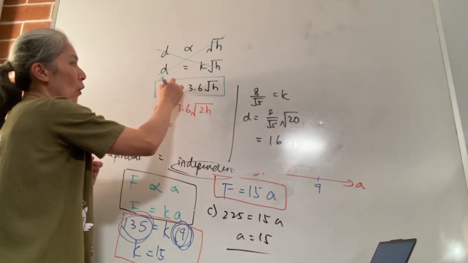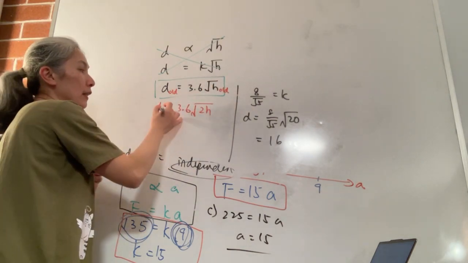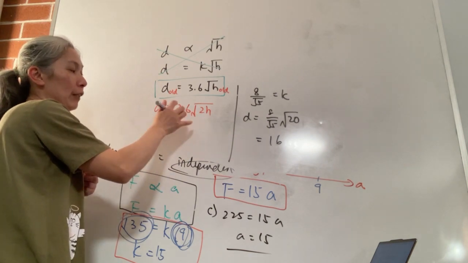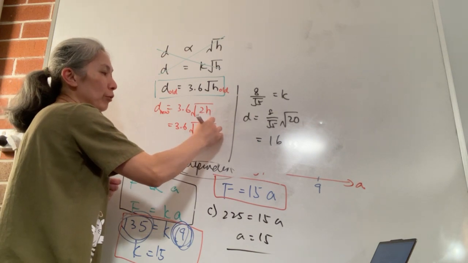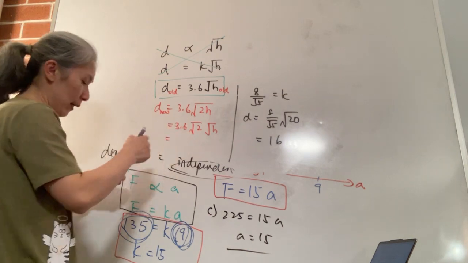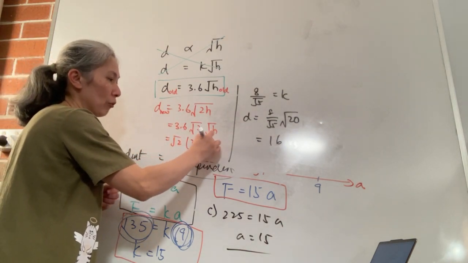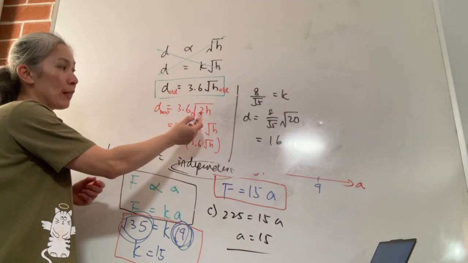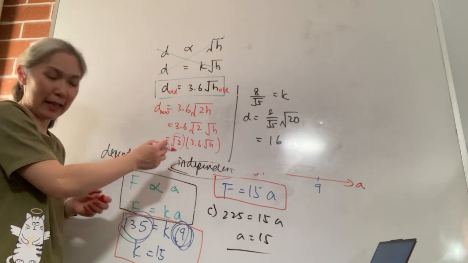This is my old one, and my new distance is going to be 3.6 times root 2, and then root h. So the new distance, if I rearrange, I can write as root 2 times 3.6 root of h. That means when you double the height, the distance is going to multiply by root 2. Yes, that is what the answer is.